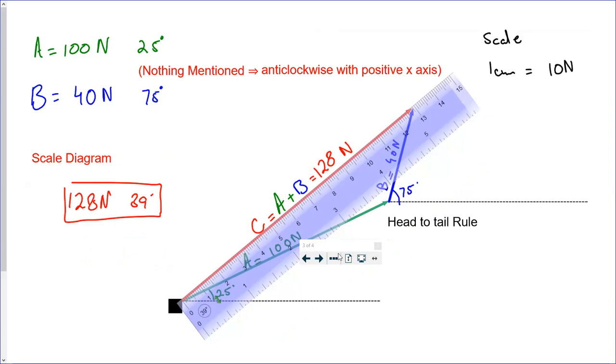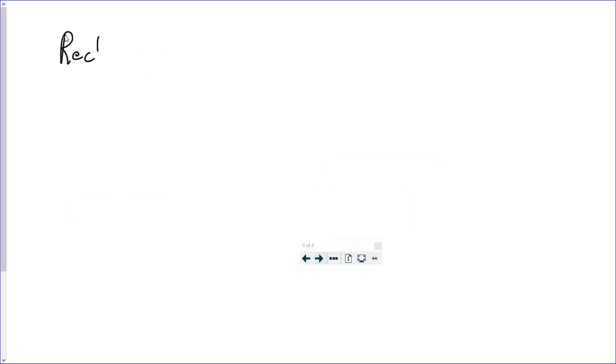Okay, so what we have next is what we call rectangular components. So do you have an idea about the rectangular components of a vector?